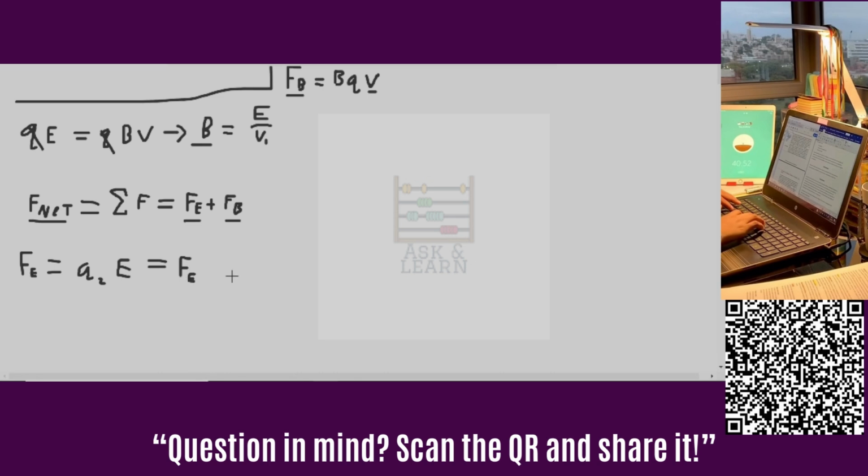So now we have two of the three variables here. We want to find F sub B, so we want to rearrange this equation to solve for F sub B. To do that, we have to subtract this F sub E from both sides, which gives us F net, I'm just going to abbreviate it as F sub n here, the net force minus the electric field force, which we just calculated.